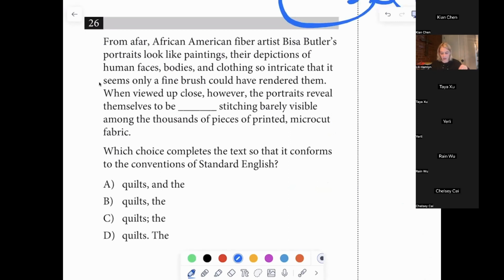All right, have a look at number 26. What do we think the answer is for 26?